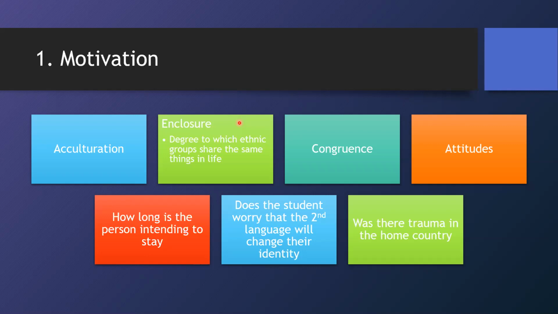So let's say, back to being a Guatemalan person transplanted into the rural Midwest, you may not have a lot of congruence with the dominant culture.